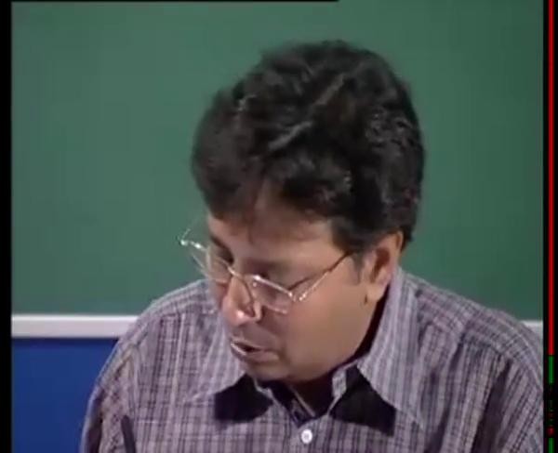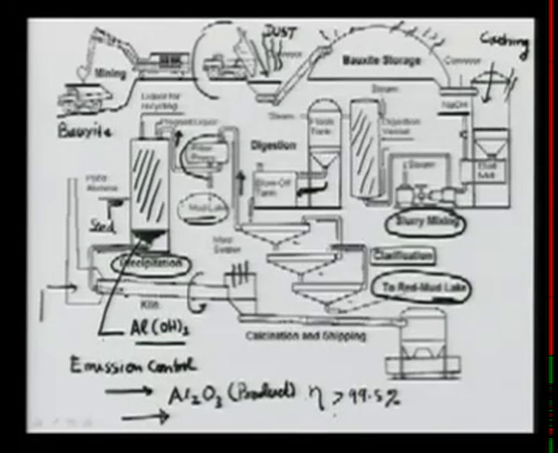So normally what we use to control such a thing is bag filters as a control device, or we can use electrostatic precipitators, which I will write in short form as ESP. So very high efficiency control devices are used for trapping the particulate matter.